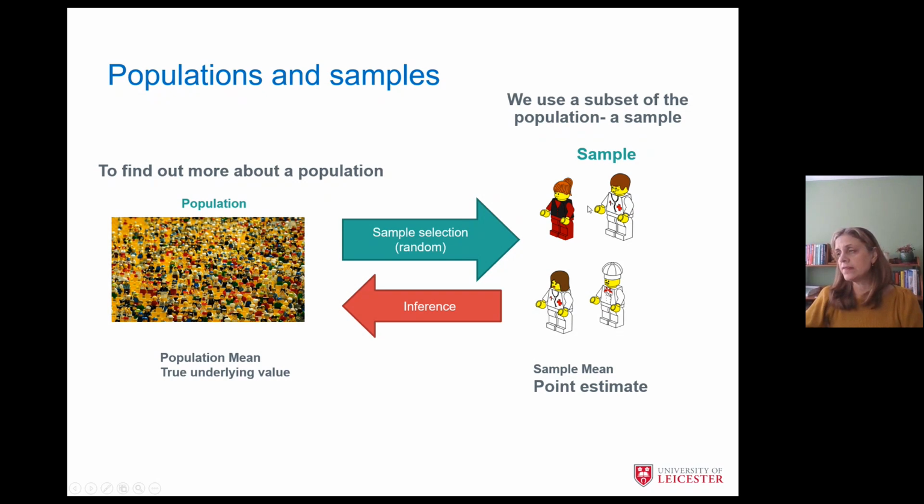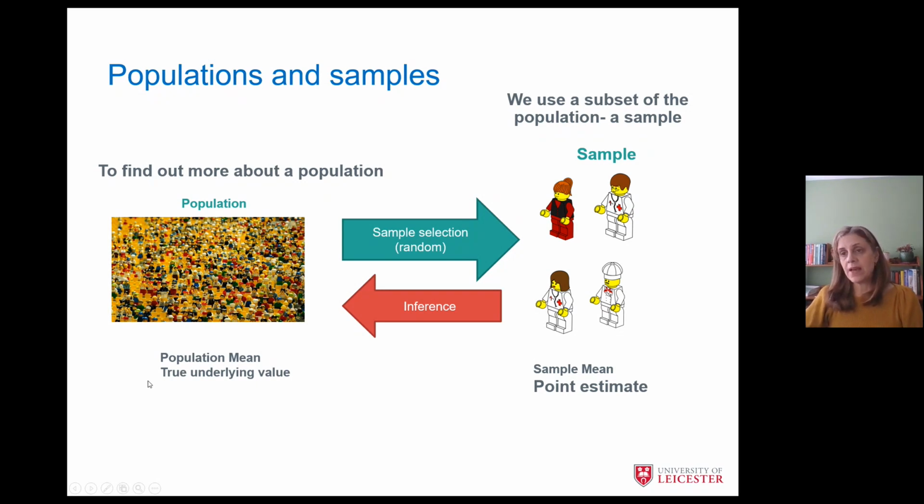So you use your sample to decide if there is a significant association between different risk factors at a population level, and with the results from that sample, you're able to infer what you think is happening at the population level.